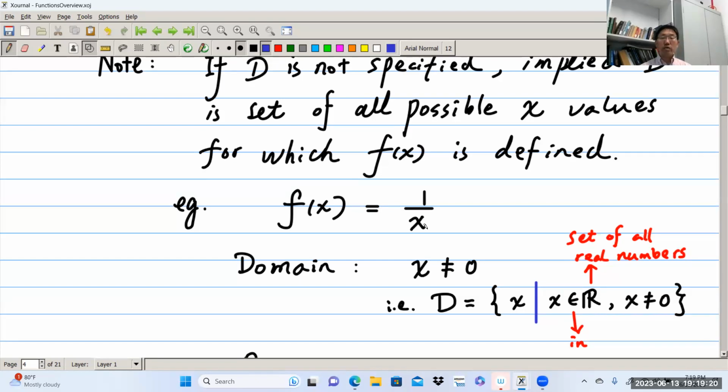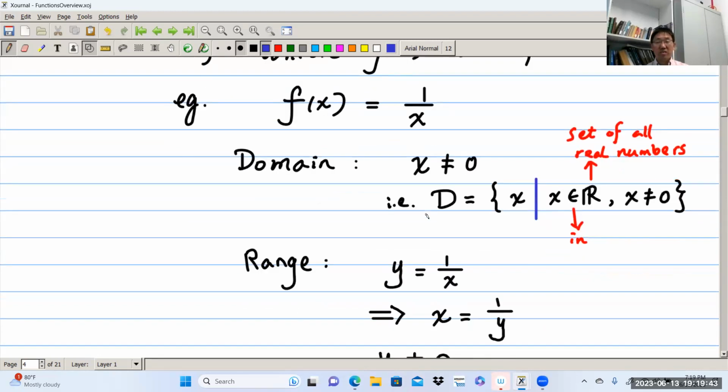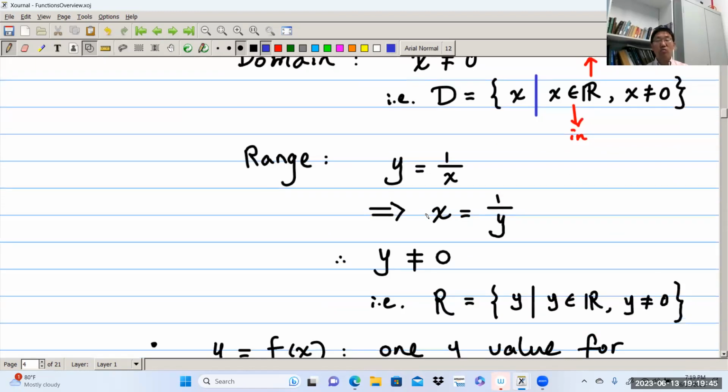We know the domain of this function is the collection of all real numbers except 0. So can you tell me what's the range of this function? What's the set of all possible outputs from this function?